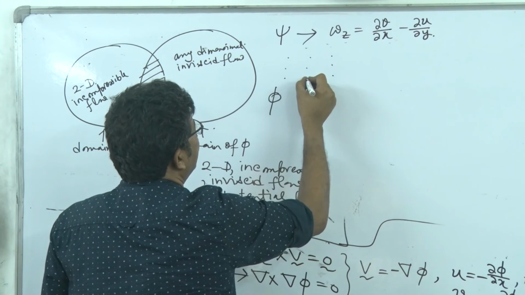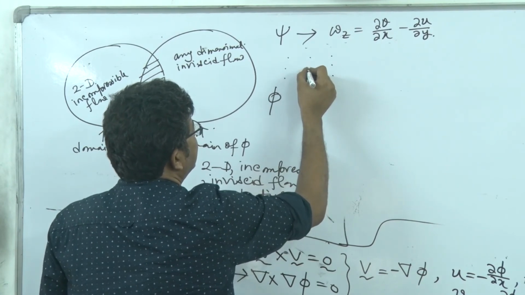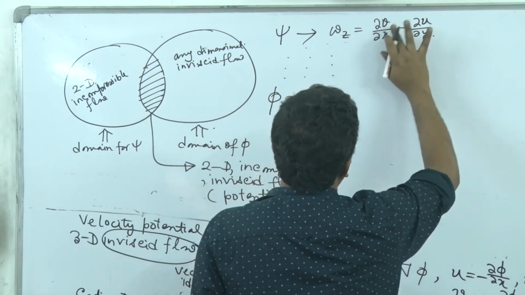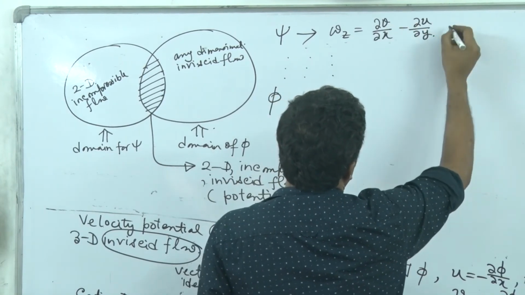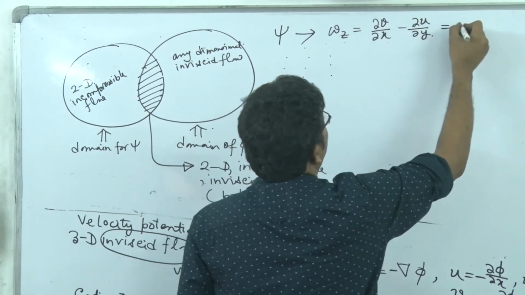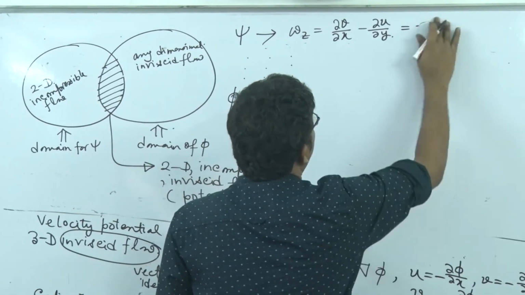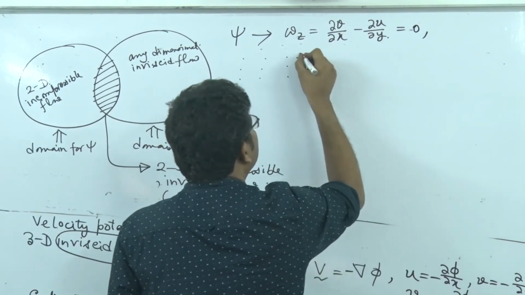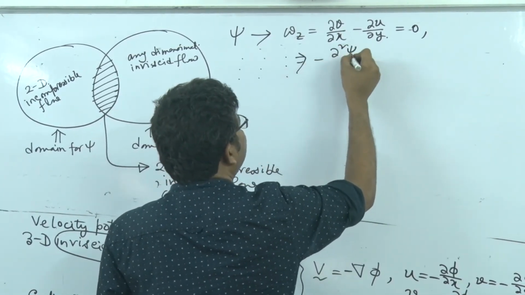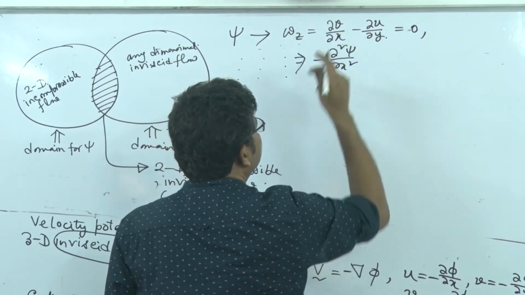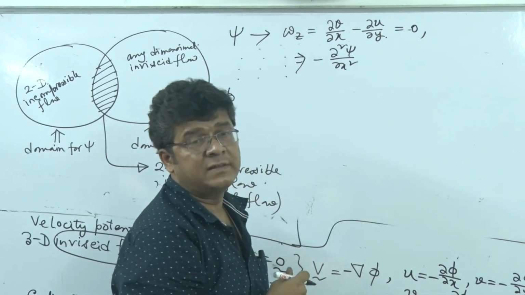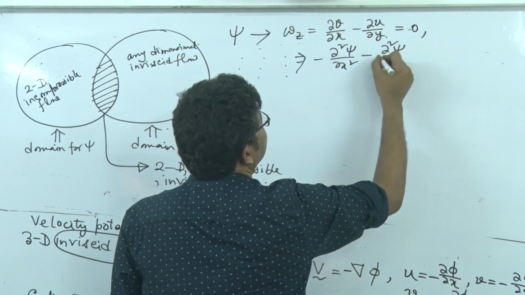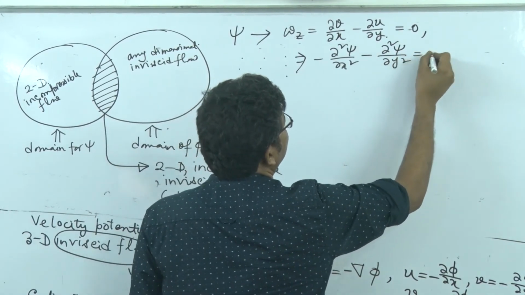So del x operating on v and del y operating on u. So del v del x minus del u del y equal to 0, right? So del v del x is minus of this, because v is minus of del xi del x, and this is del square xi del y square equal to 0.